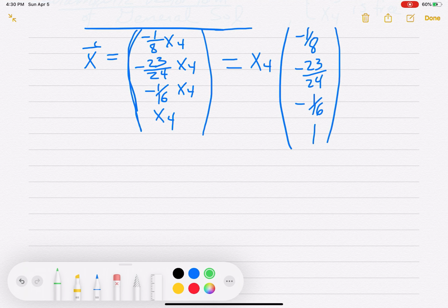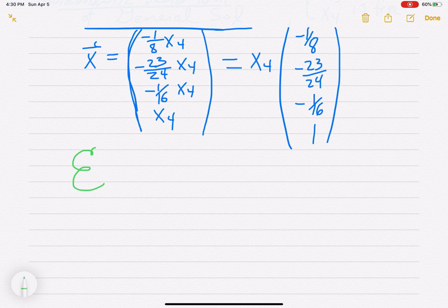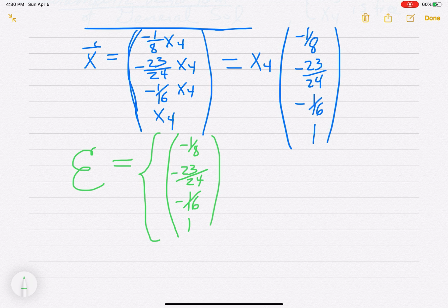I've already used B for a basis, so let's call this one E. So the set containing this single vector, negative 1/8, negative 23 over 24, negative 1/16, 1, is a basis for the null space of A.